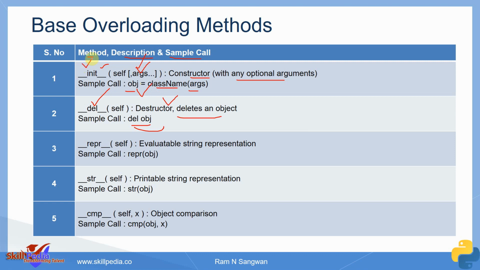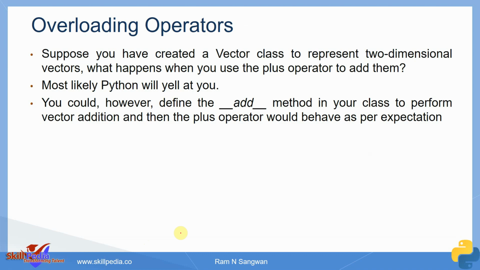We call them constructor or initialization and destructor, so in typical object oriented programming, the terms are constructor and destructor. Then repr, string representation, sample call repr(object), printable string representation, and cmp, object comparison.